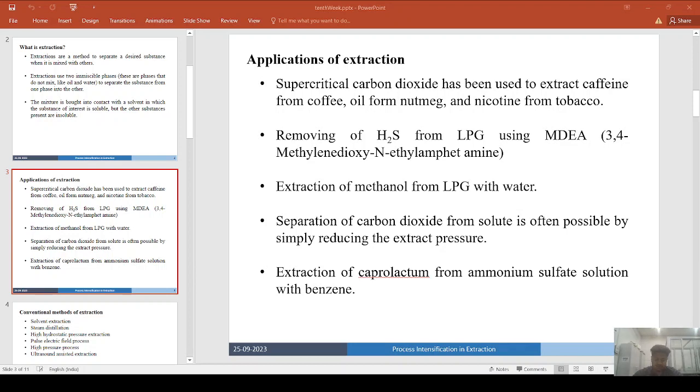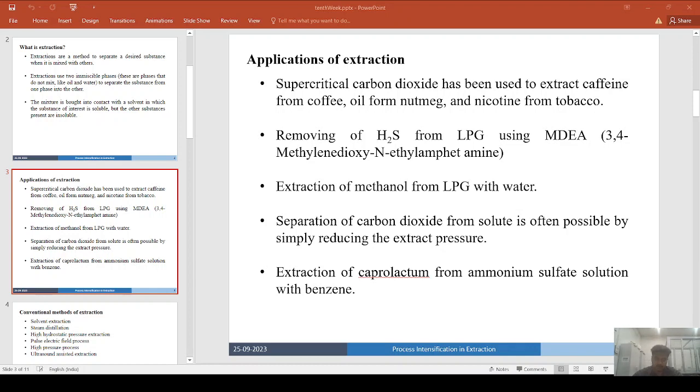We will discuss a list of applications for extraction processes. One such example is largely the pharmaceutical industry, chemical industry, perfume manufacturing, or pesticide industry. They basically revolve around the extraction process.